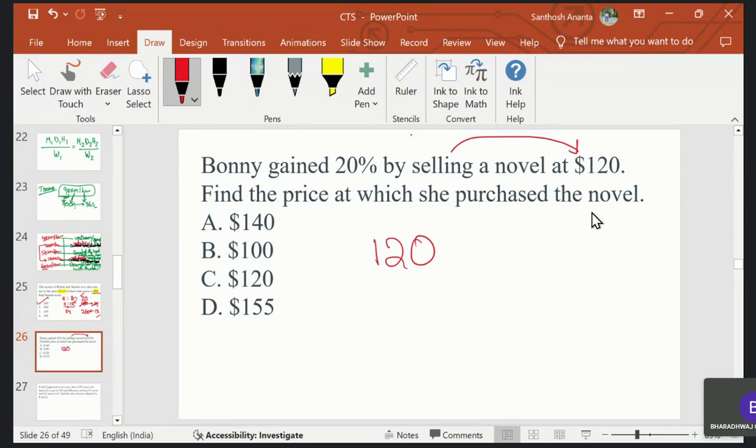When he sells it for 120 rupees, he's getting a profit of 20 percent. We know the profit percentage is 20 percent. I already explained this concept.